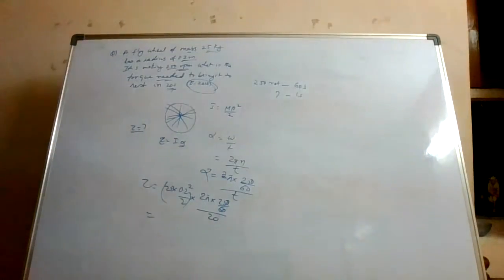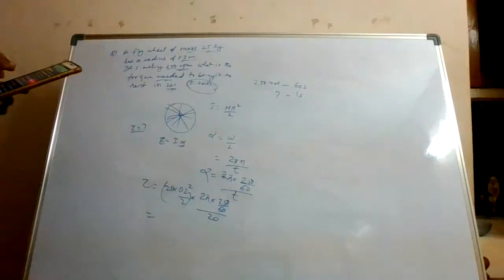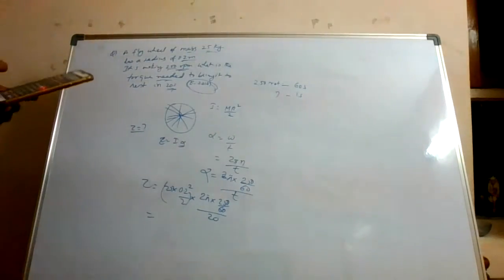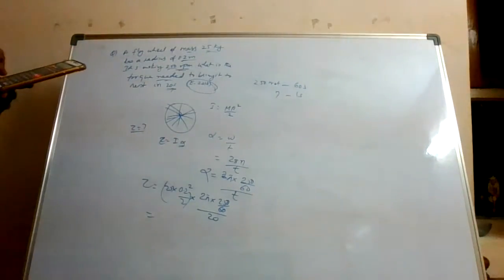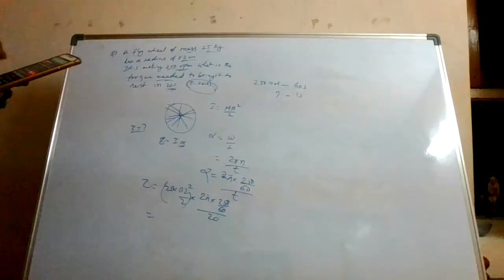We need to solve this. So let us just calculate that and see how much is the answer. So 2 into 3.14 into 250 divided by 60 and divided by 20, into 0.2 square by 2 into 25.